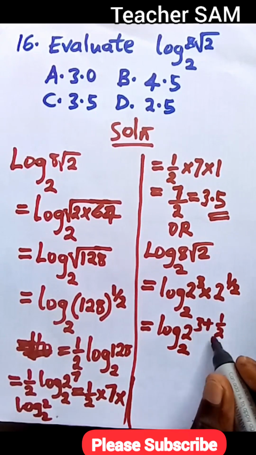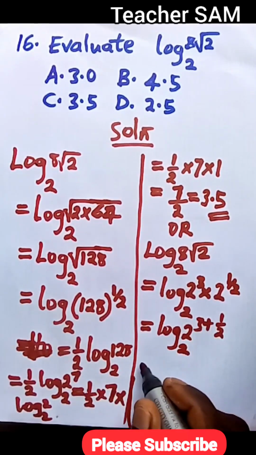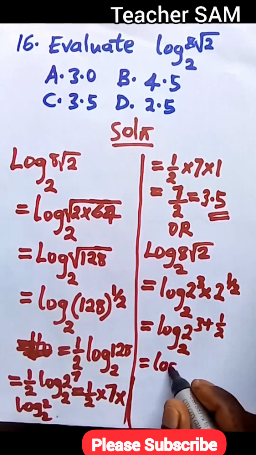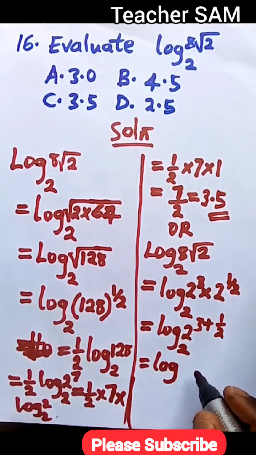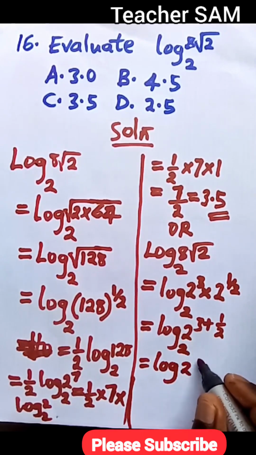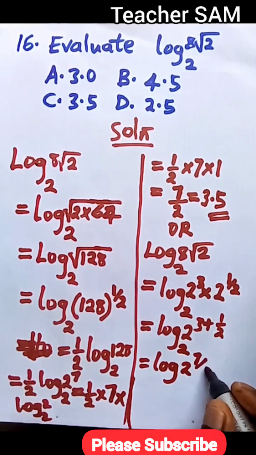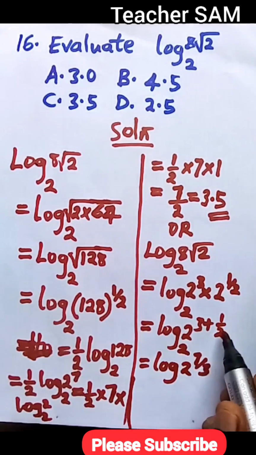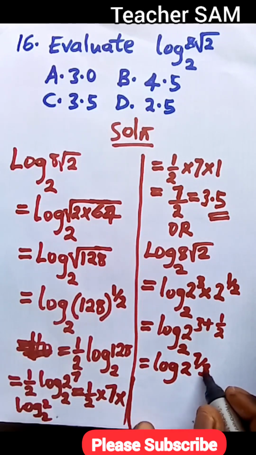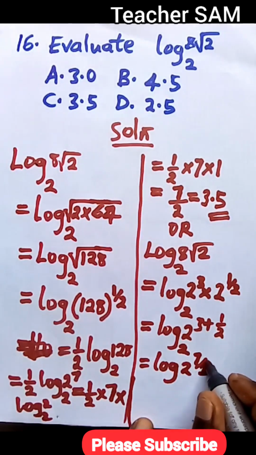Now I add this up and bring it out. We have 2 raised to power 7 over 2, not 7 over 3, because 3 plus half is 7 over 2. Let's correct that quickly.